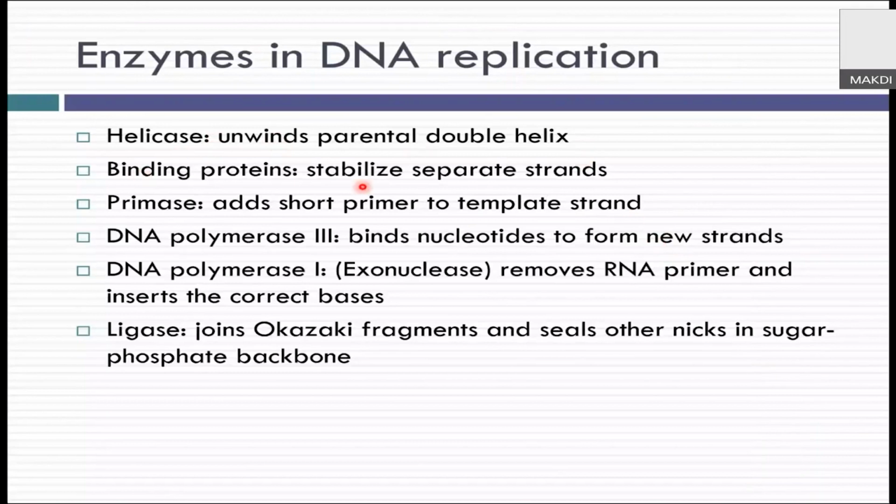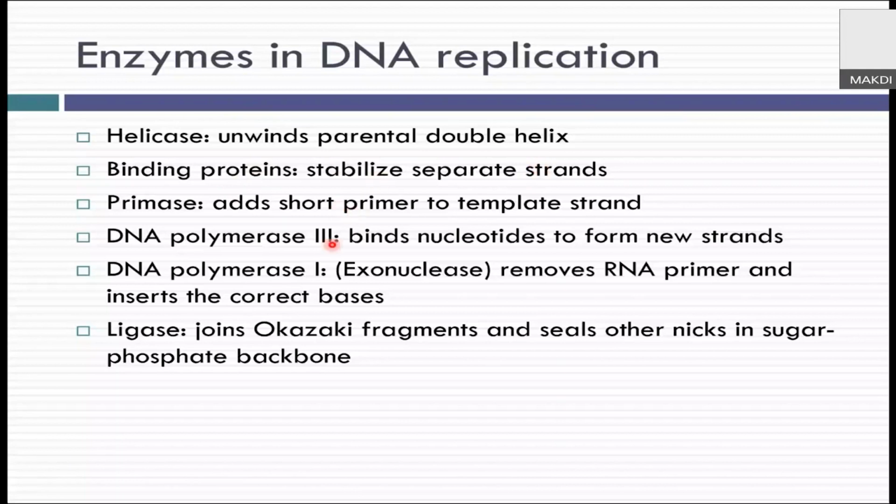Binding proteins stabilize the separated strands, because your double helix is twisted, like in chromosomes. So binding proteins are the ones that will stabilize the strands. It becomes straightened, like rebonding.